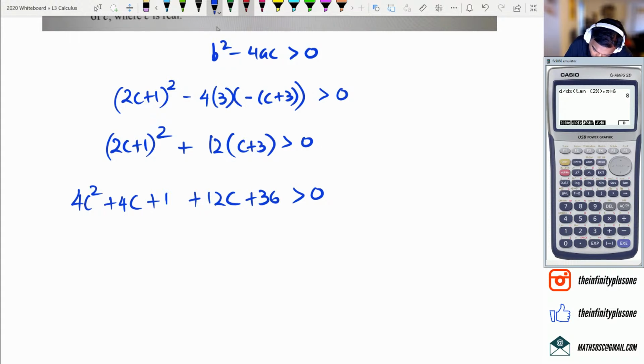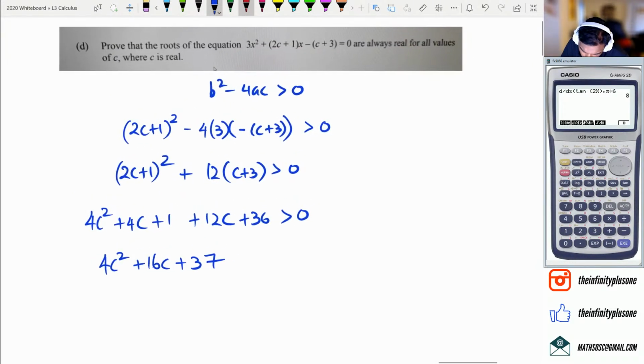Putting it all together, we are going to get 4c squared plus 16c plus 37. Because it says the roots, I would say greater than 0.